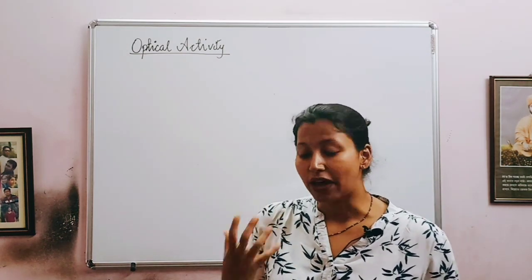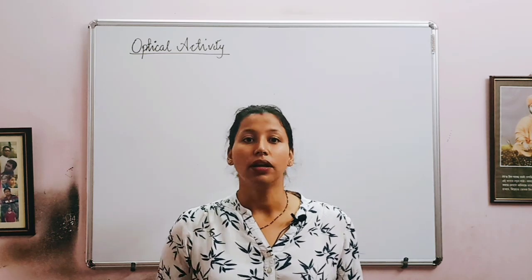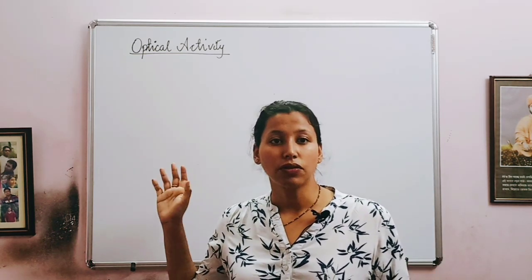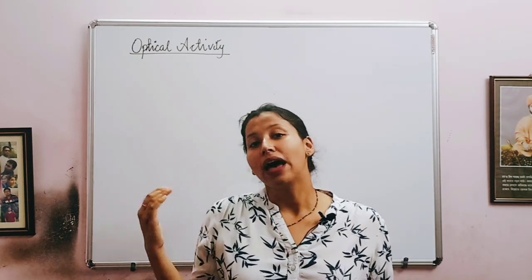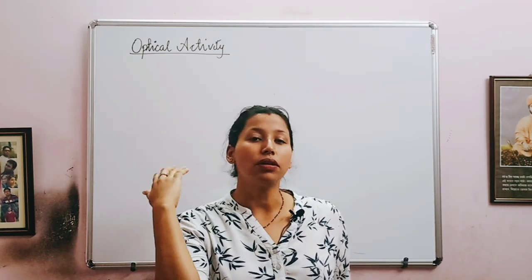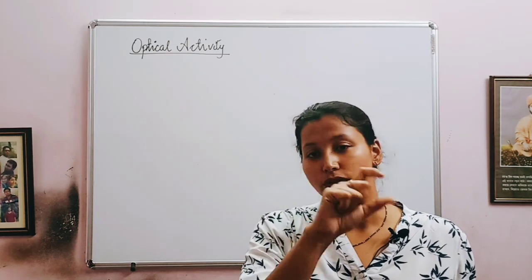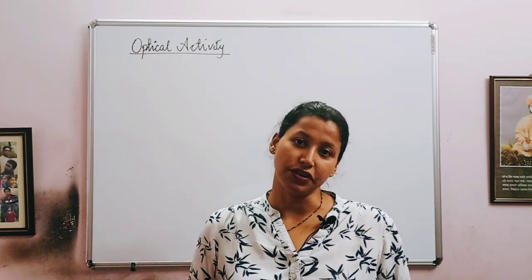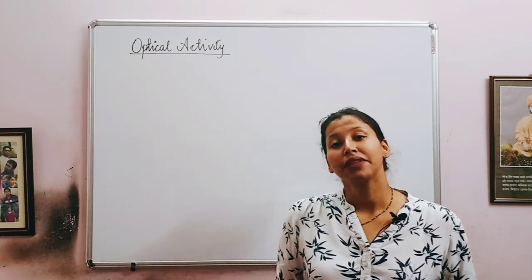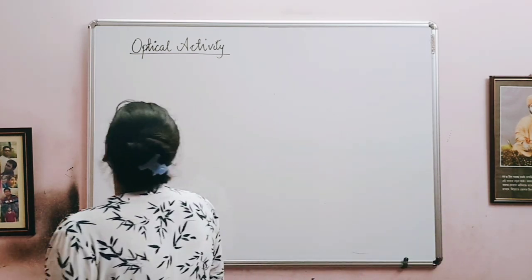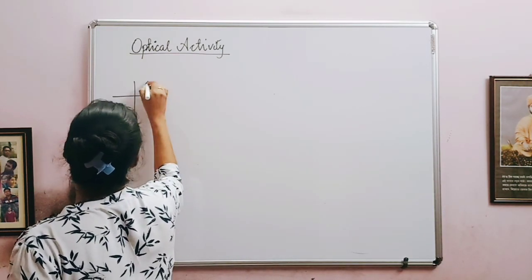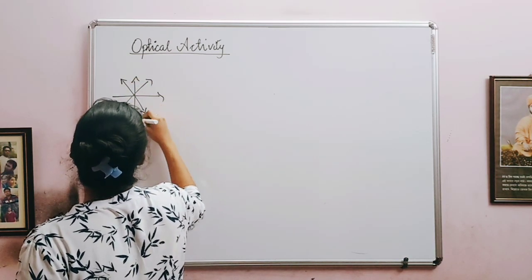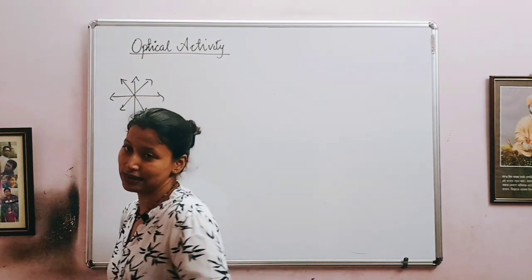Before we find out how Sn1 reactions and Sn2 reactions show optical activity, we have to learn a few terms, or we have to find out what optical activity is first. Okay, first of all, optical activity deals with light.